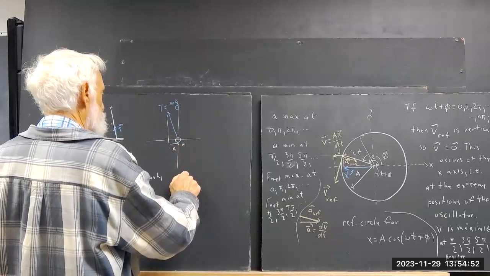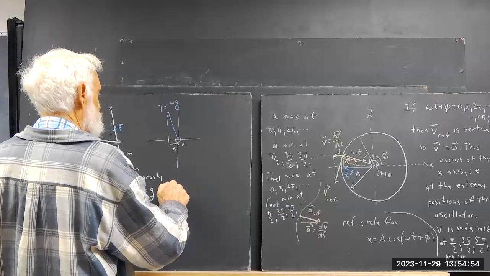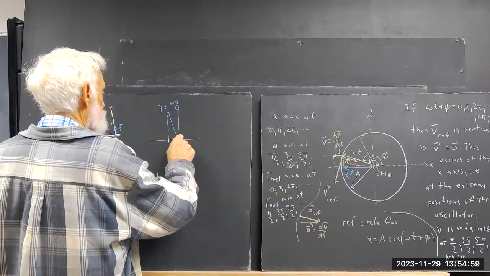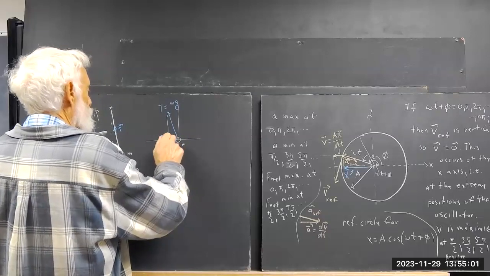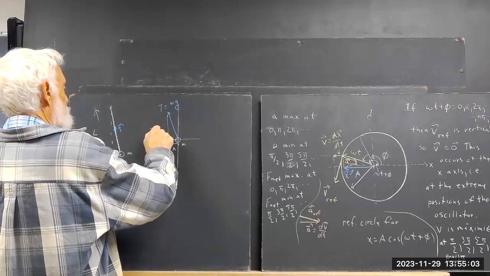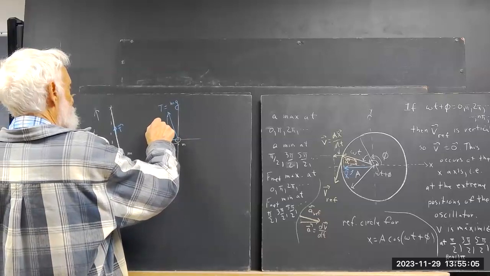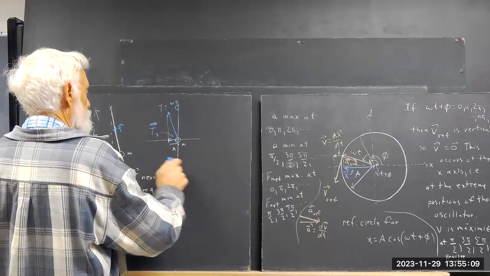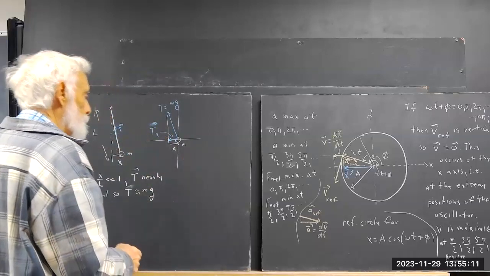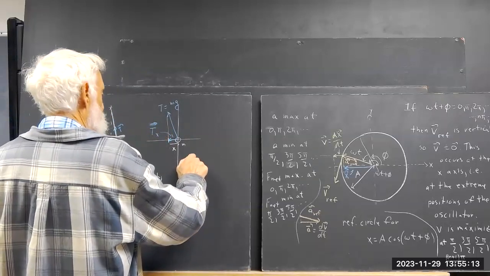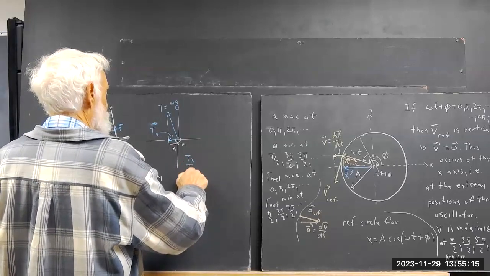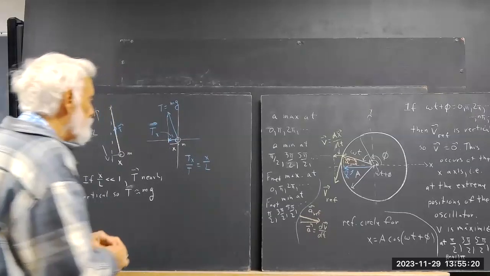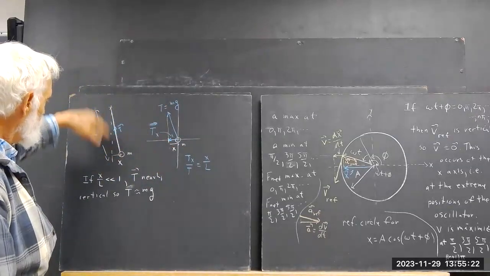Then, well, I can make it better, but I can say that we have a simple proportionality. This triangle is similar to this triangle.